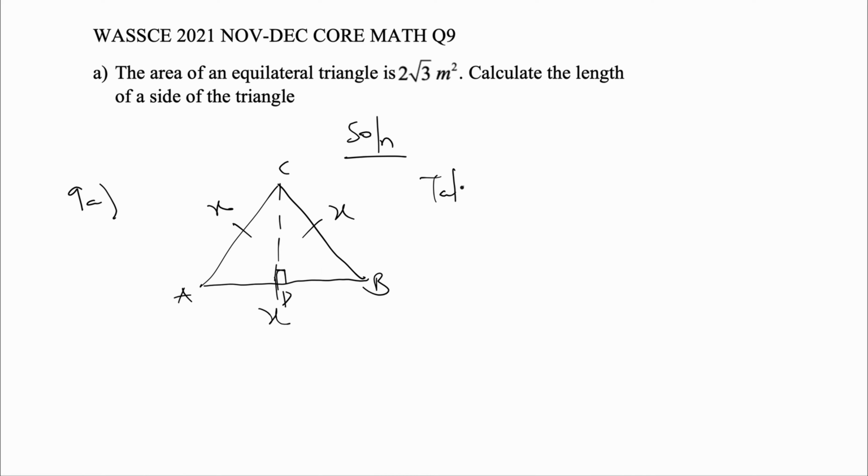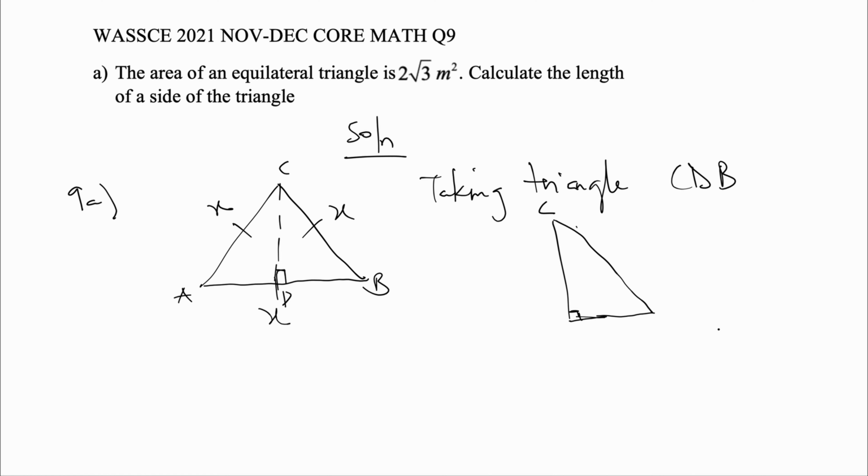So taking triangle CDB, you have this: C, B, and D.